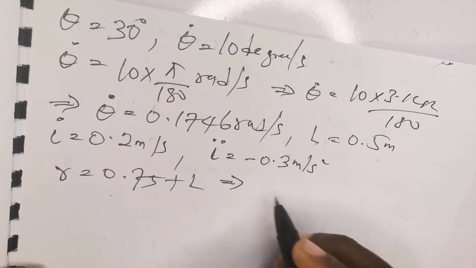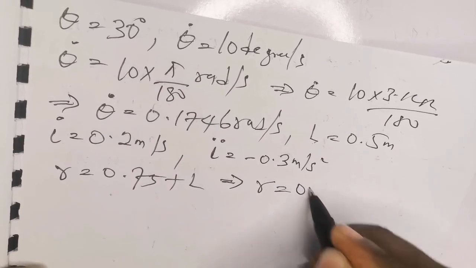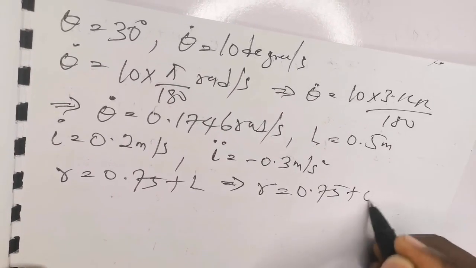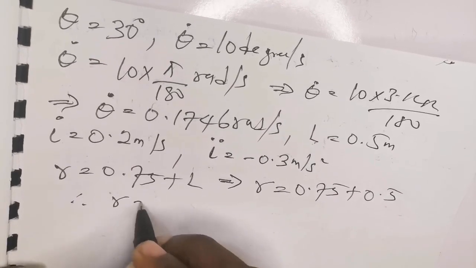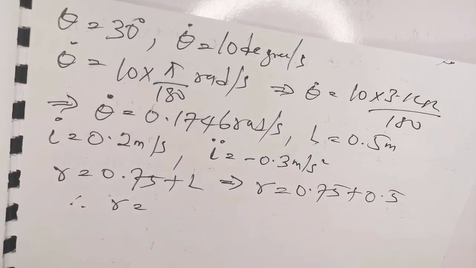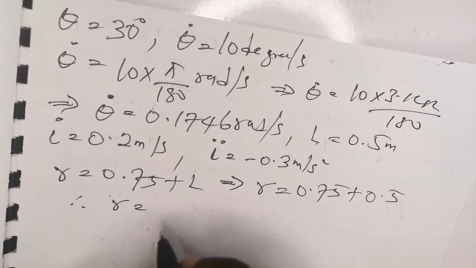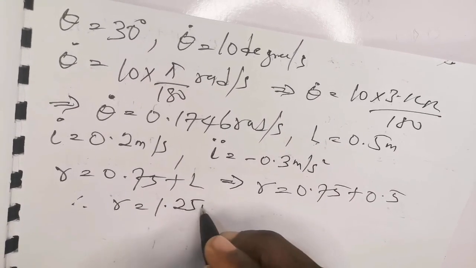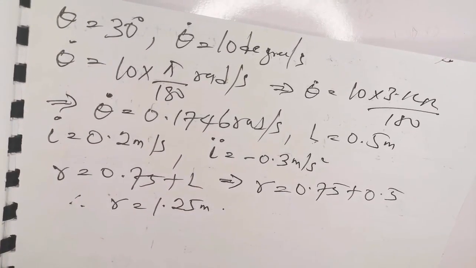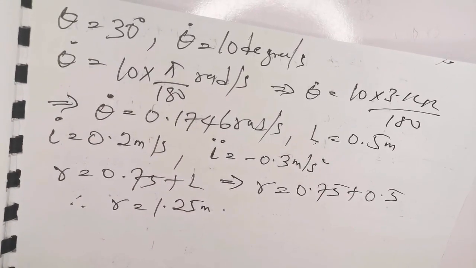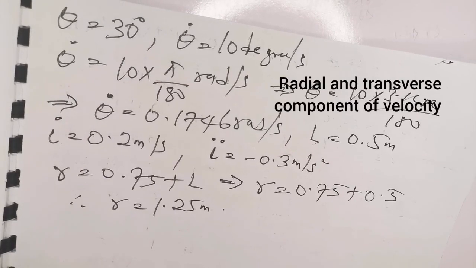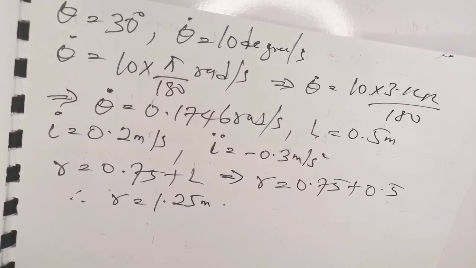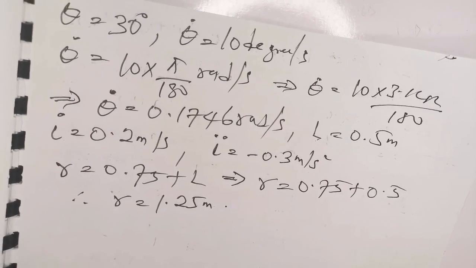This simply implies that r is equal to 0.75 plus 0.5. That gives us 1.25 in meters. Now, for the motion of this object, we need to find the radial component of the velocity and the transverse component of the velocity. Then compute the magnitude.